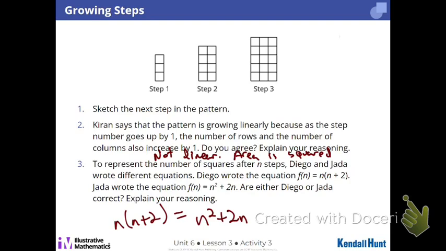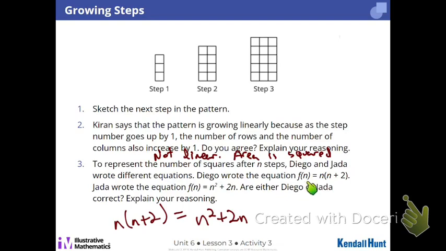I prefer to look at how the pattern's changing, and we can justify it with both of these. The one that I see it with is the second way. So I see the square and then 2 more rows.